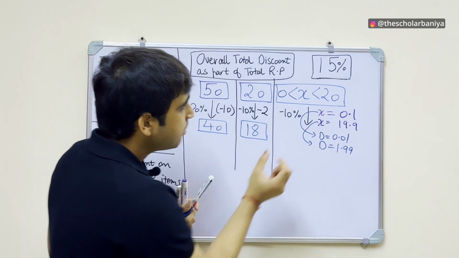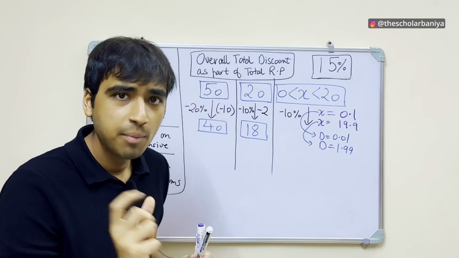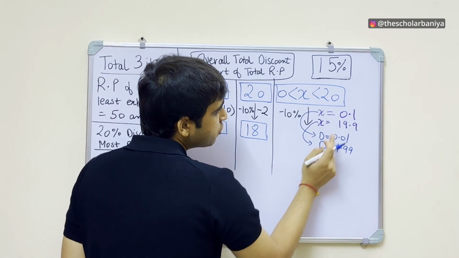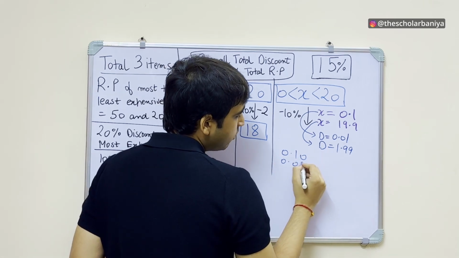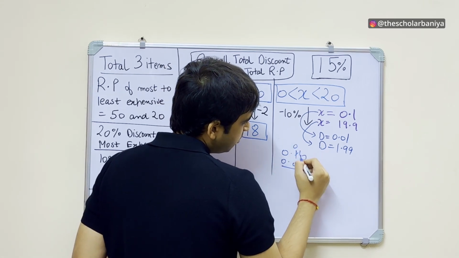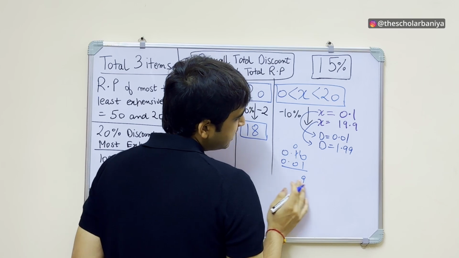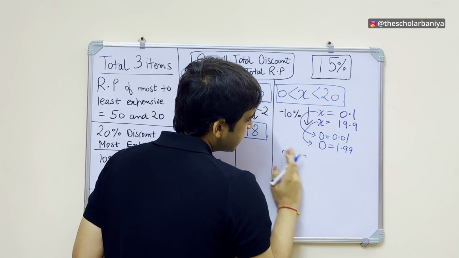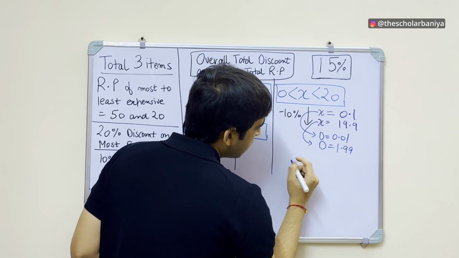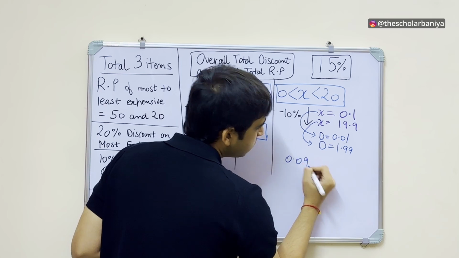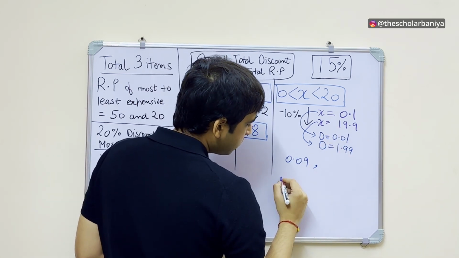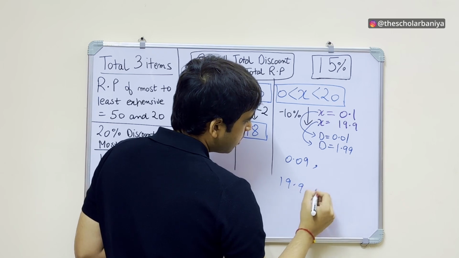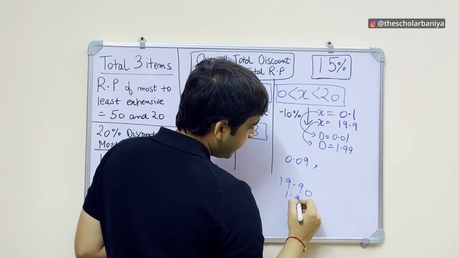That means the price of this, the discounted price, can vary from how much? So 0.10 minus 0.01. So if you subtract, this comes out to be how much? 0.09. So this can vary from 0.09, right, comma, 19.9 minus 1.99.